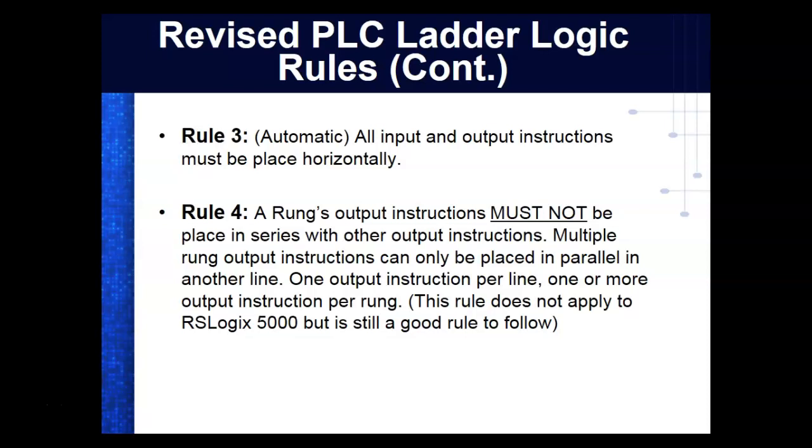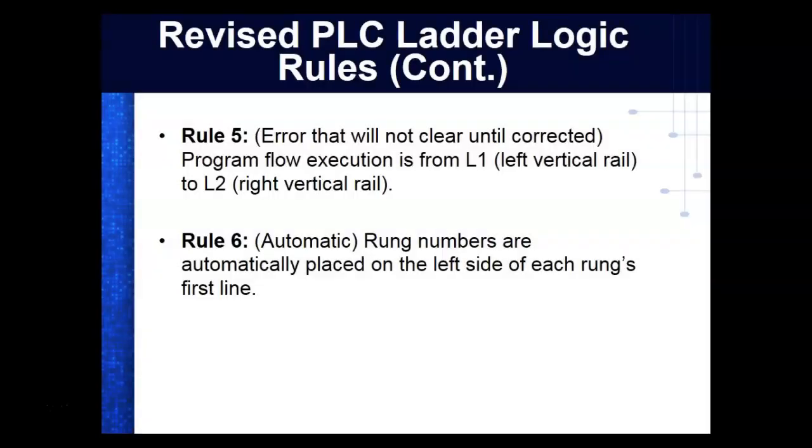And this is where the author, in his book, distinguishes rungs and lines. Y'all understand the difference between rungs and lines now, right? This rule does not apply to RS Logic 5000, but it's still a good rule to follow.